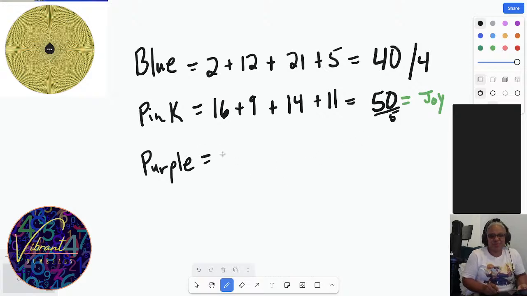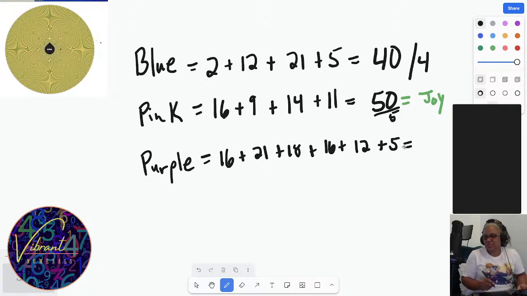And then for purple, it's 16 plus 21 plus 18 plus 16 plus 12 plus 5. So this is how you can get your colors. I'll show you something else here in just a second. 16 plus 21 plus 18 plus 16 plus 12 plus 5 is 88.